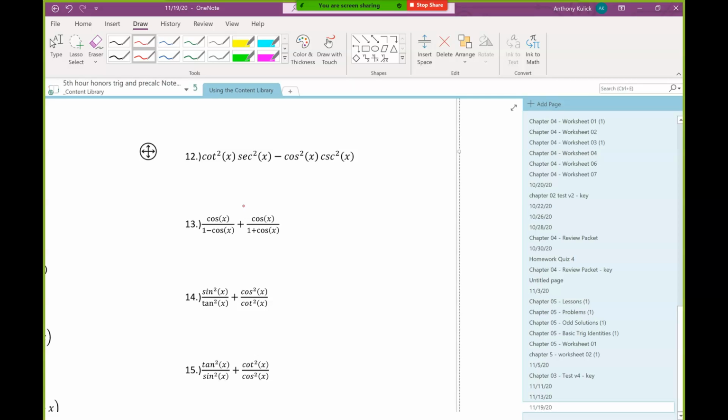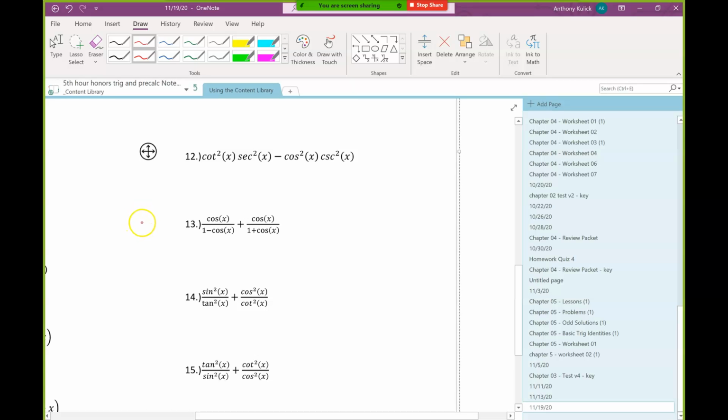But now I'm making fractions inside of fractions, and that just feels like it's going to be kind of a mess. So I'm probably going to avoid doing that. Rather, I would want to start by just making a common denominator to add these two fractions. So 1 minus cosine and 1 plus cosine are relatively prime. There's no common factors inside of those.